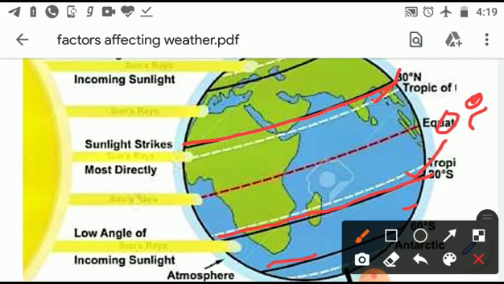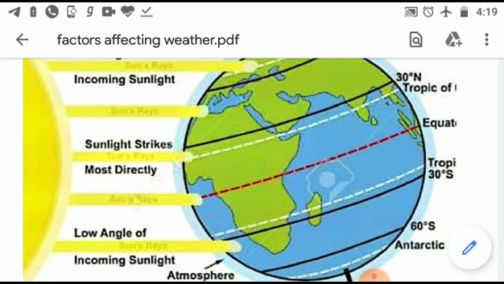Above the Tropic of Cancer we have 60 degrees north, called the Arctic Circle, and here we have the North Pole. The North Pole and the South Pole are at 90 degrees north and 90 degrees south.